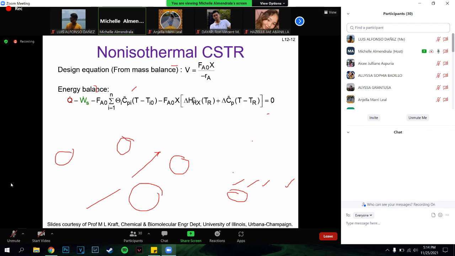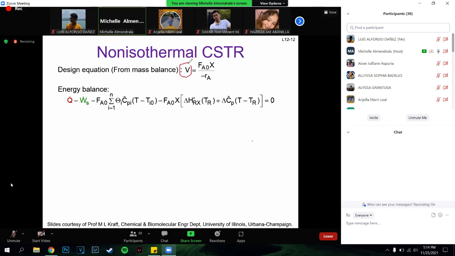So solving that again, let's show again our equation. This is our working equation. So from the design equation for a CSTR, from the material balance, this is what we get. We obtain the volume expression in terms of FA0 X over negative rA.